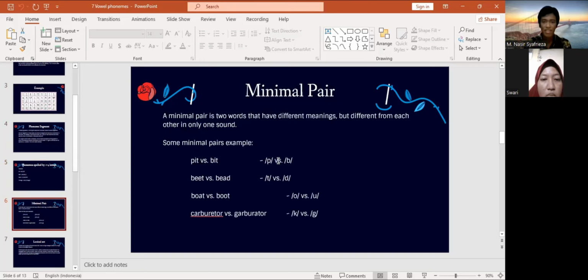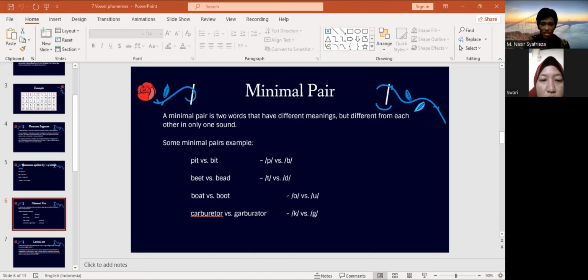Minimal pair. A minimal pair is two words that have different meanings but differ from each other in only one sound. It means the minimal pair of words or phrases differ by only one phoneme, but they have different meanings. These words are used to demonstrate that two sounds are distinct phonemes in a language.